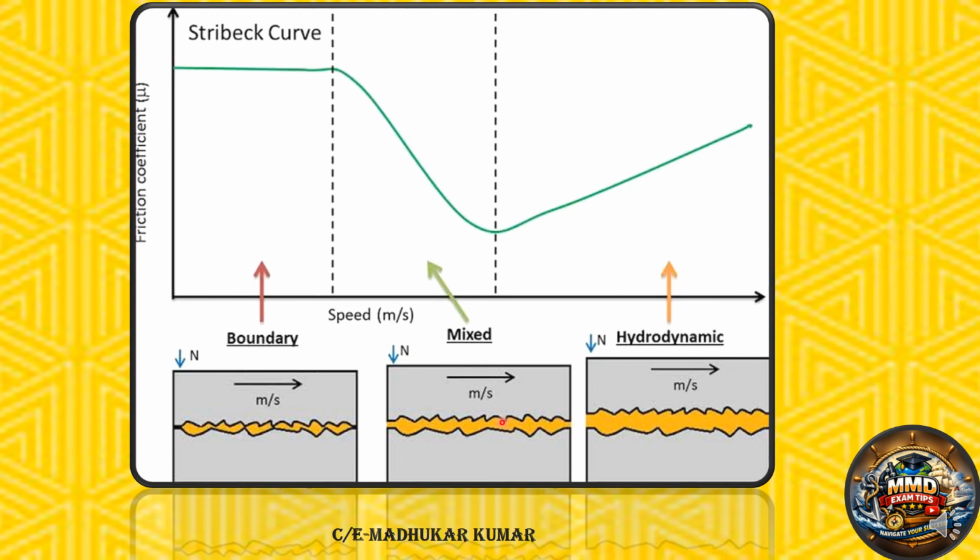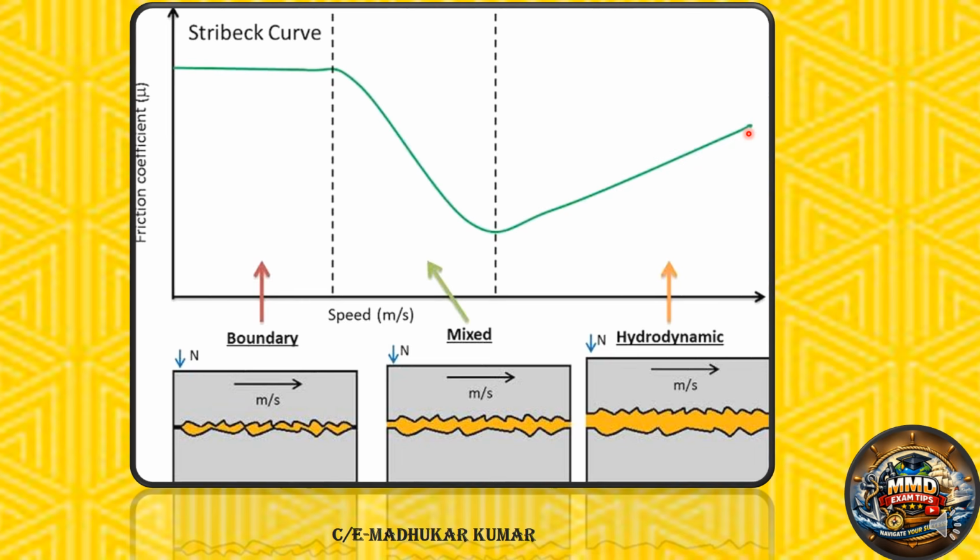And this is your mixed region. Here the boundary and hydrodynamic mix, because the shaft has started and the speed is increasing on the x-axis. Slowly you can see the friction coefficient started decreasing. Earlier it was almost the same, and after that it decreases as the speed increases. After a certain speed the friction coefficient starts increasing again, and then it maintains at a certain limit at very high speed.